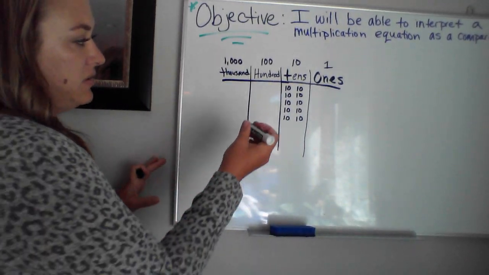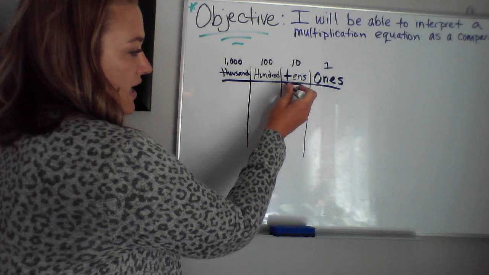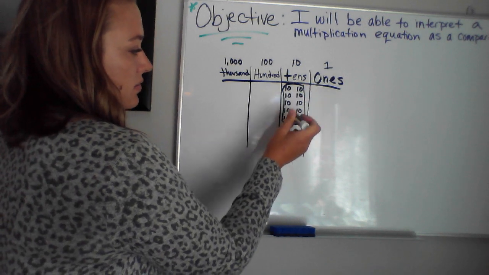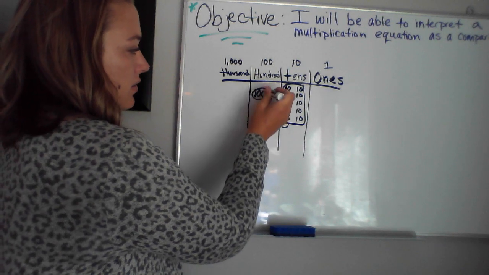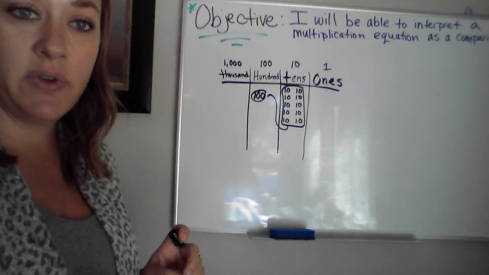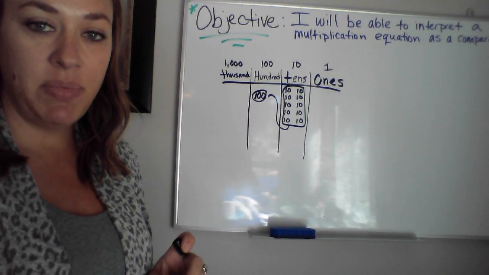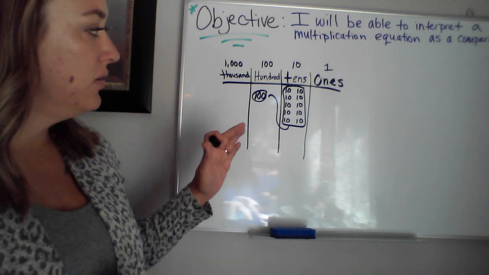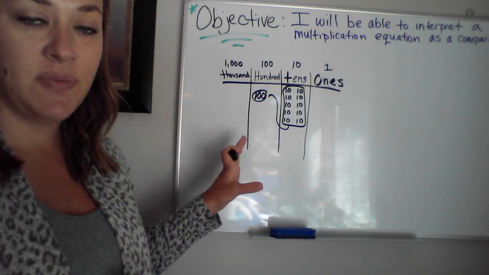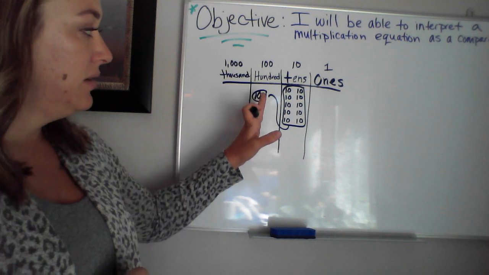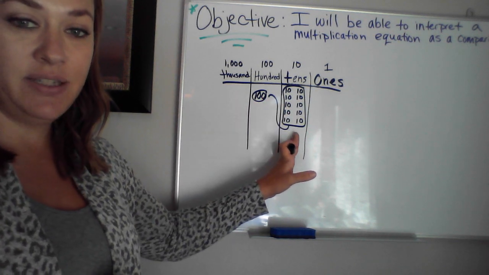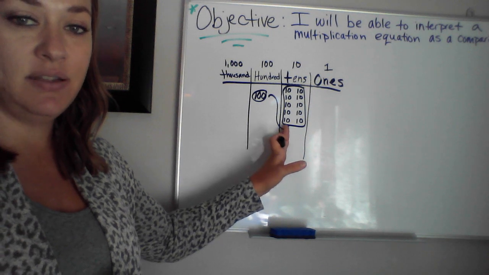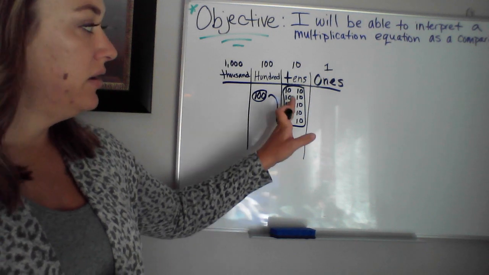So again, I could bundle my 10 tens, move that over, and that's going to give me 100. Okay. So when we're comparing on our place value chart, we can use statements such as 100 is 10 times larger than 10 tens, and we can see that that is a true statement here.